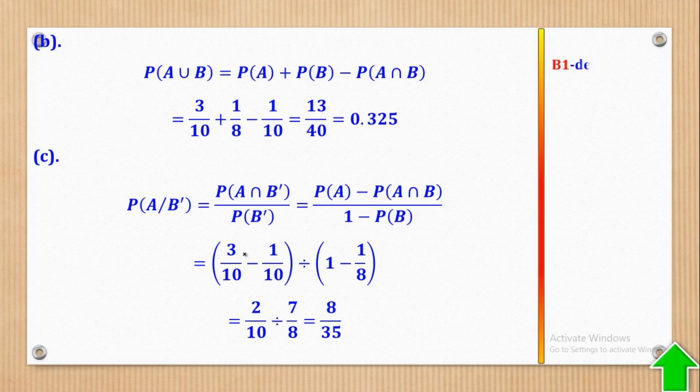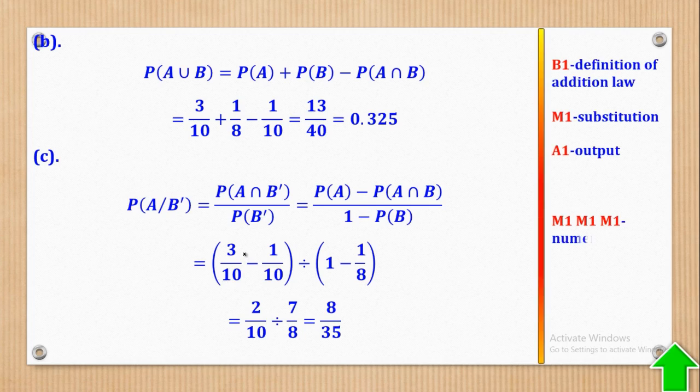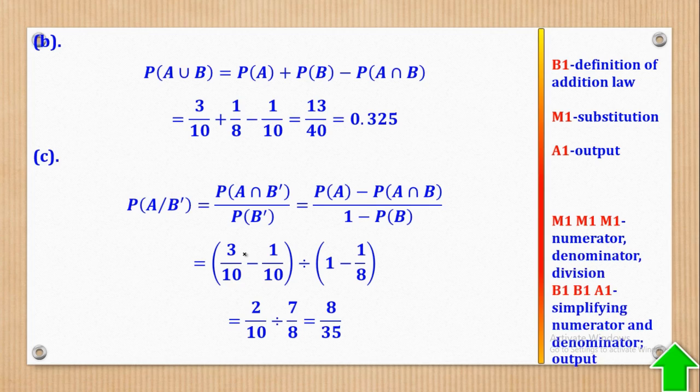So basically that's what they wanted, and now let's see how marks can be awarded. B1 for the definition of addition law, M1 for substitution, and A1 for output.